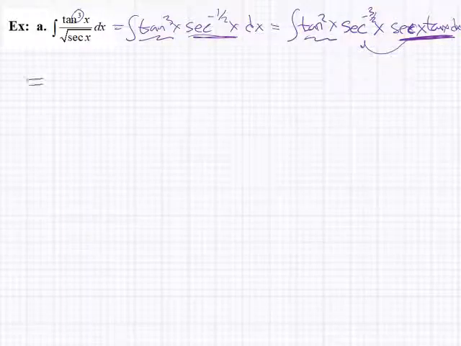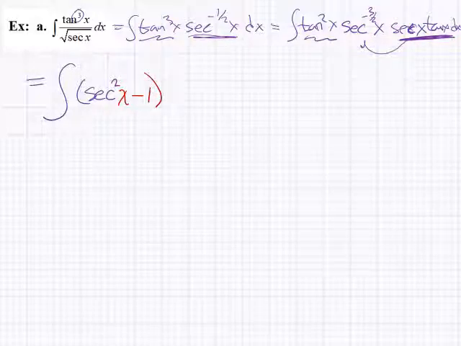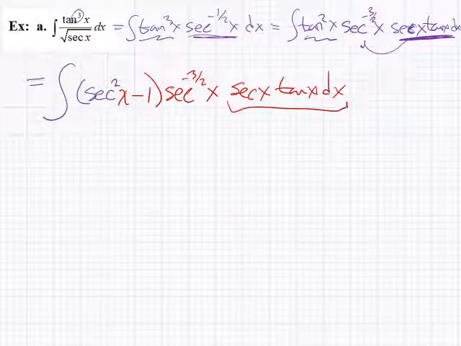So I end up with secant squared x minus 1, don't forget your x, times secant to the minus 3/2 x times secant x tan x dx. So here's your du.